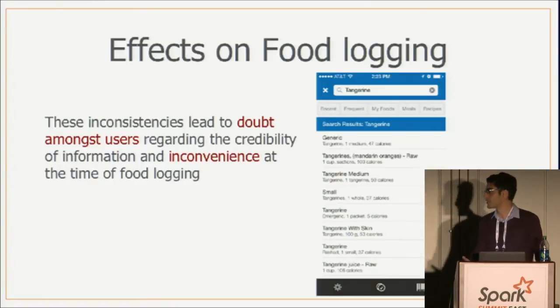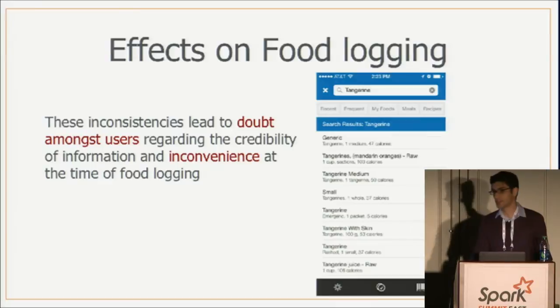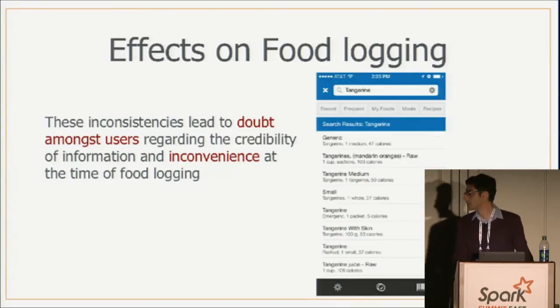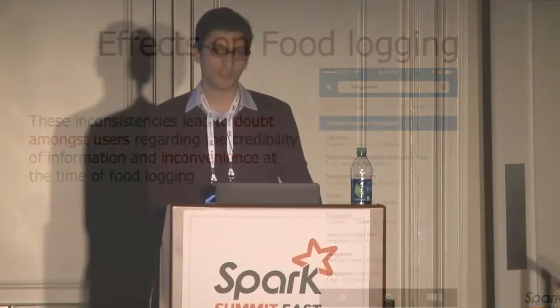In the search result, which is the most important part of the food log process, whenever tangerine is searched for this particular query, you can see there are lots of different variations with different calorie information on top of it. And this brings a lot of doubt amongst users as to which item to go with and which food is the appropriate one with respect to the nutritional information.